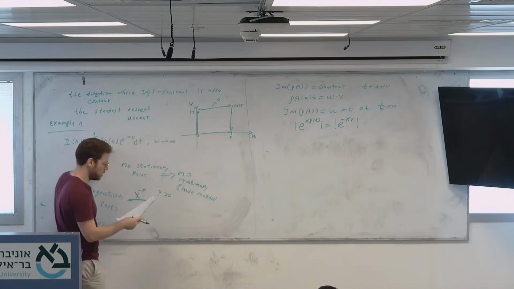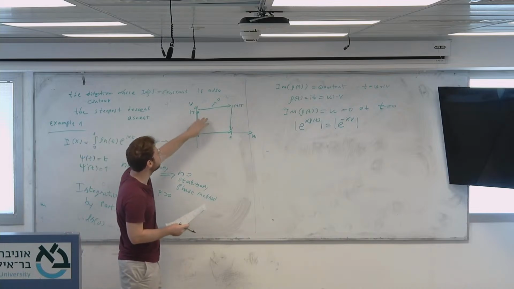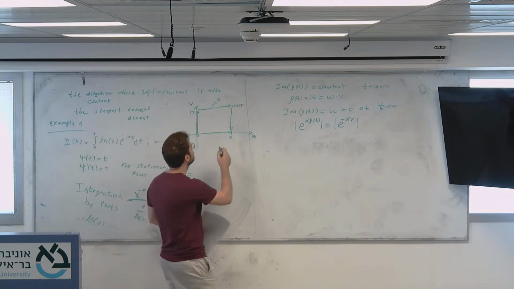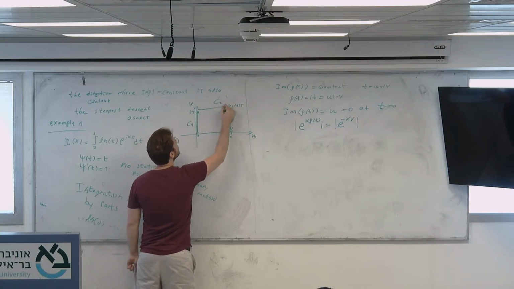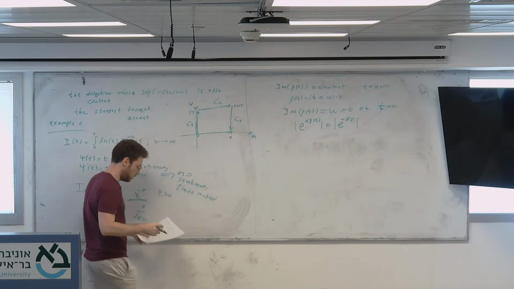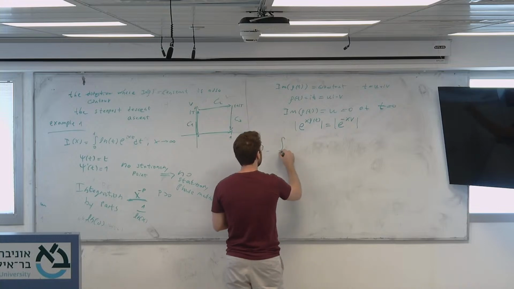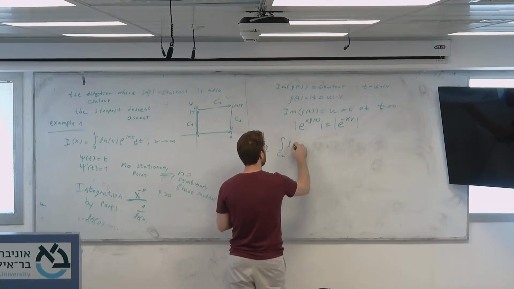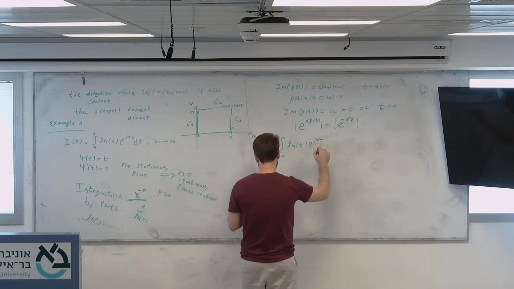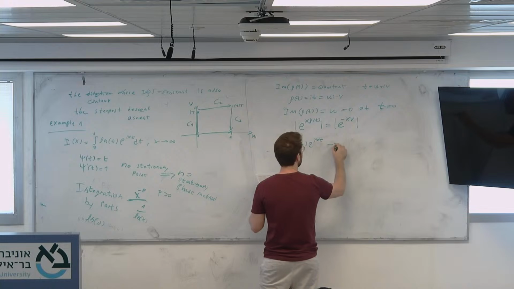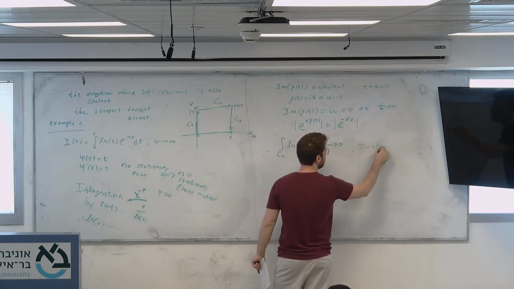So our integrand was ln t e to the ixt, and now we have it, right? So let's call these C1, C2, C3, okay? So we say that the integral on C2 of ln t e to the ixt goes to 0 when t goes to infinity, sorry.